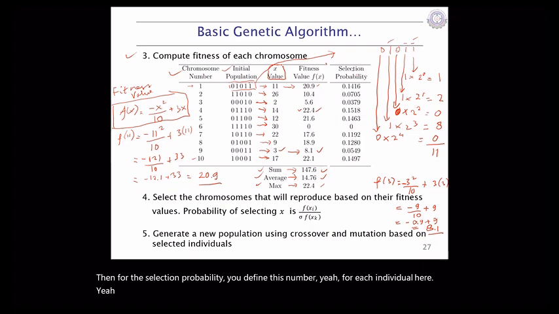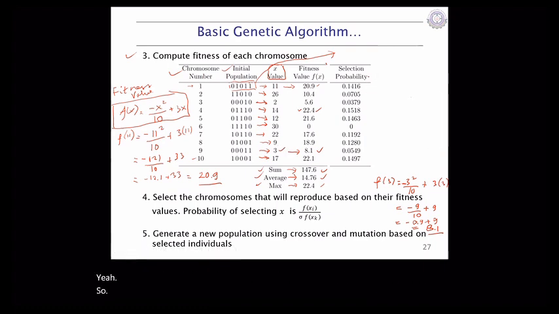For example, the first one, 20.9 divided by the summation here, the total, 147.6.